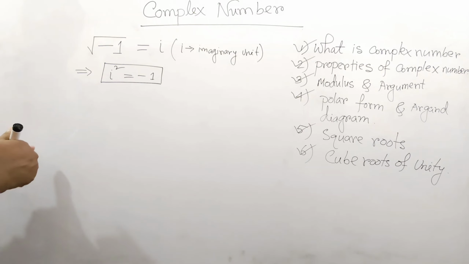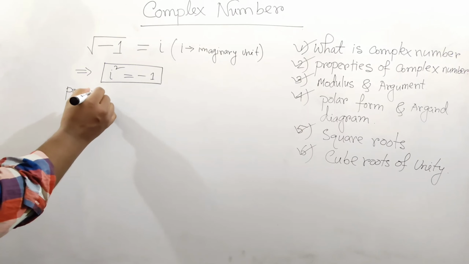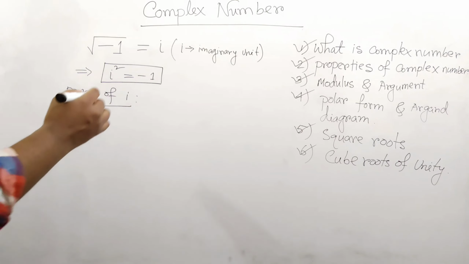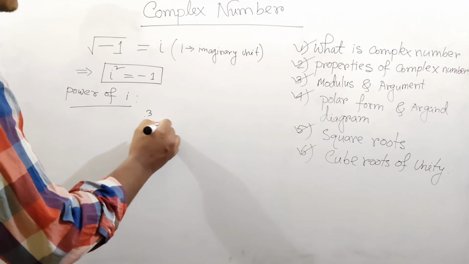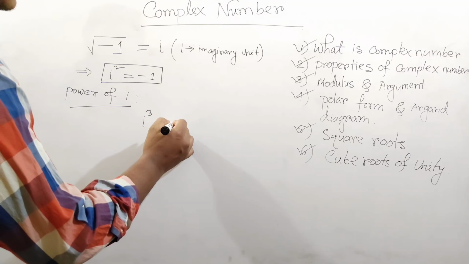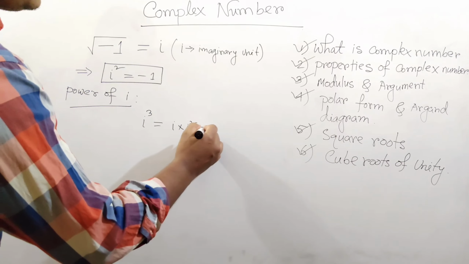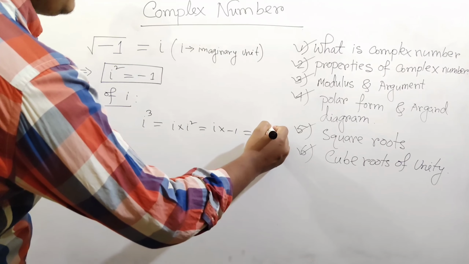Now we learn some powers of i. What are the different powers of i, the imaginary unit? If i squared equals -1, then what will be the value of i cubed? We can write i cubed as i multiplied by i squared, that is i multiplied by -1, which is -i.